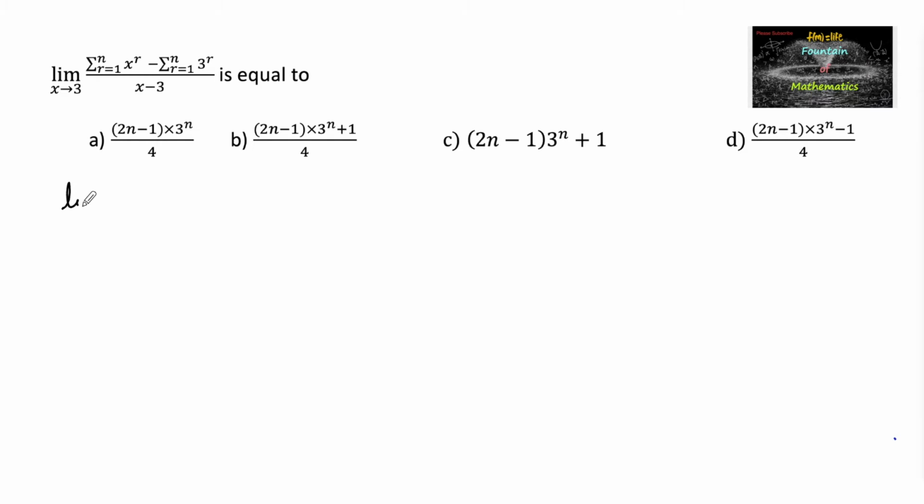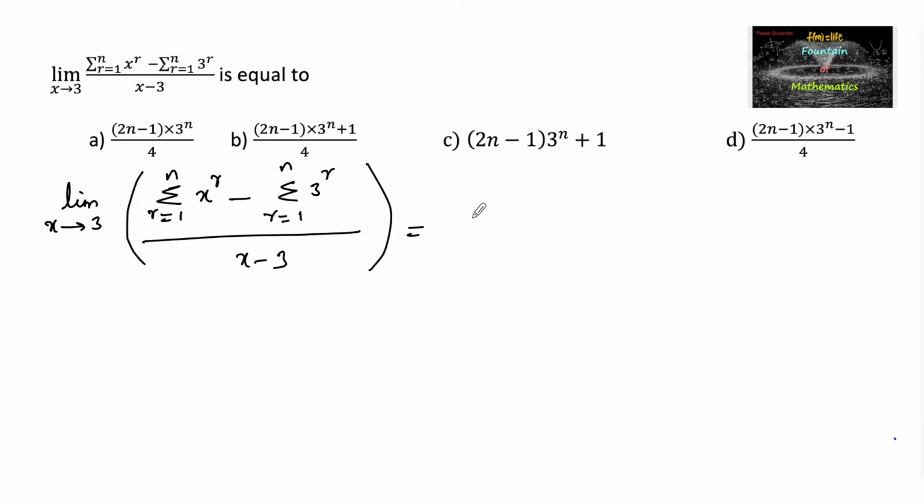limit x tends to 3, summation over r equals 1 to n of x to the power r minus summation over r equals 1 to n of 3 to the power r, upon x minus 3.